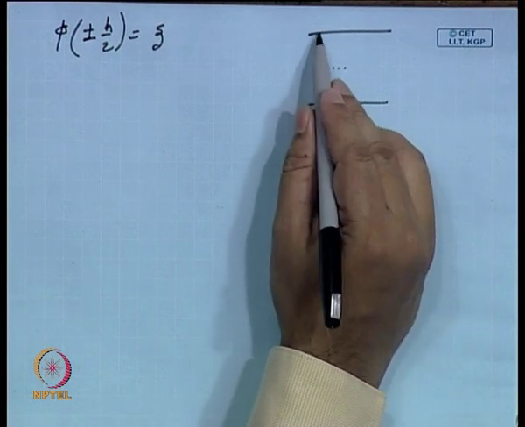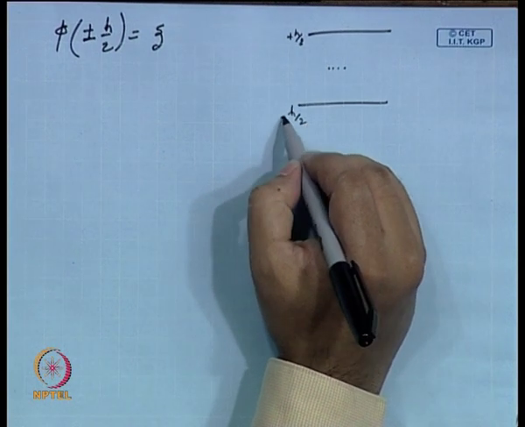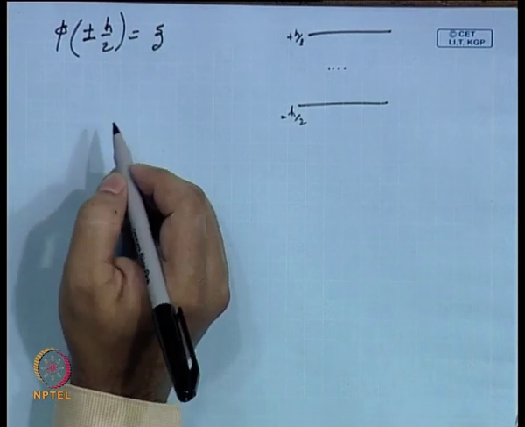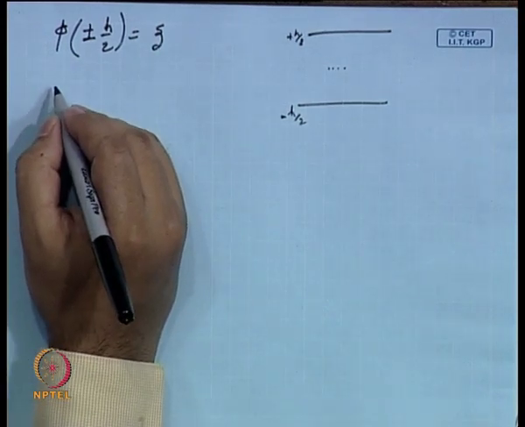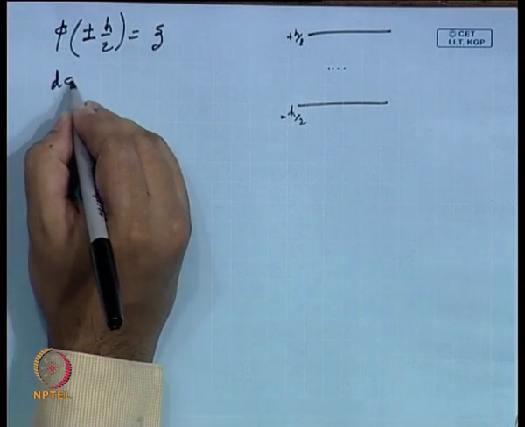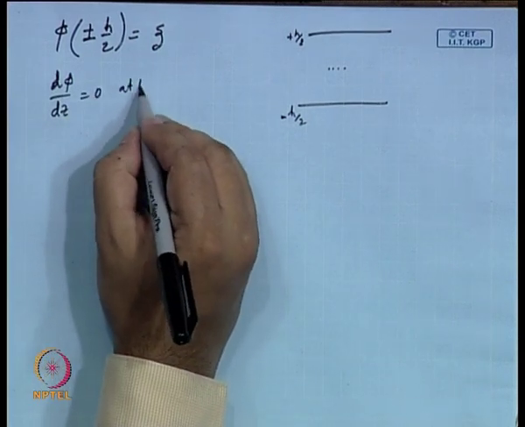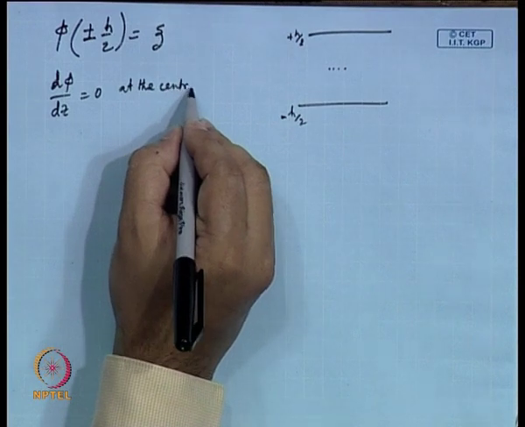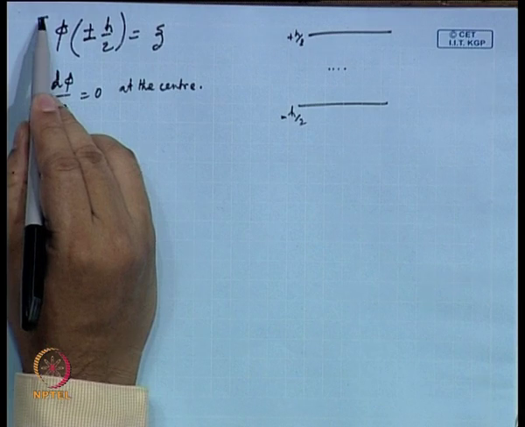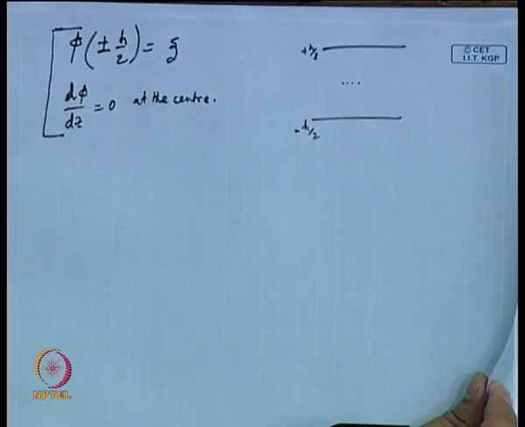So, at plus h by 2 and at minus h by 2 the value of potential is zeta, and the other thing is that at the center there is symmetry, so d phi dz is equal to 0 at the center by symmetry. This is the new boundary condition, but the governing equation remains the same. We do not have any reason to believe that the governing equation should change.